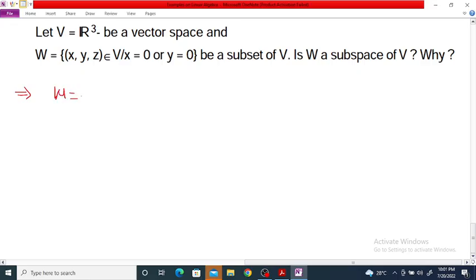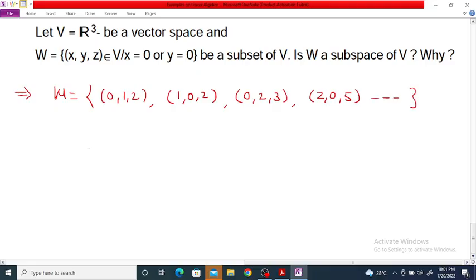W contains elements with either x equal to 0 or y equal to 0. For example, (0, 1, 2), (1, 0, 2), (0, 2, 3) or (2, 0, 5) lie in the set W.